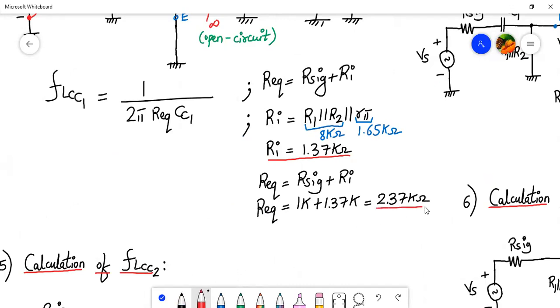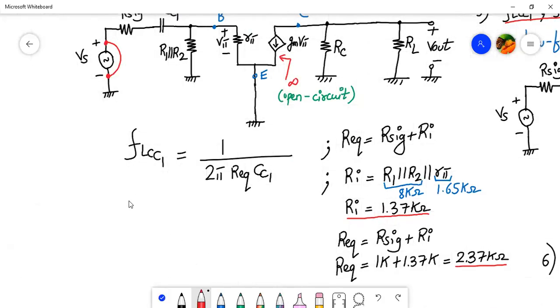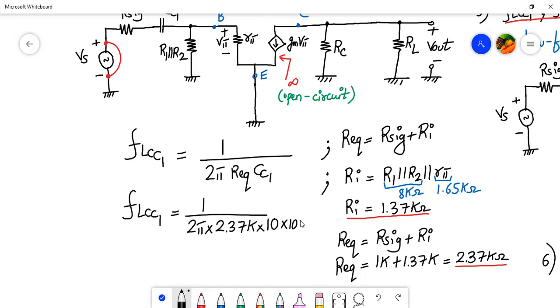That's the value of R equivalent for FL of CC1, and now we can easily calculate this. FL of CC1 will be 1 divided by 2 pi into R equivalent, 2.37 K, into the CC1 value. How much is the CC1 value? CC1 value is 10 microfarad, that is 10 into 10 raised to minus 6.